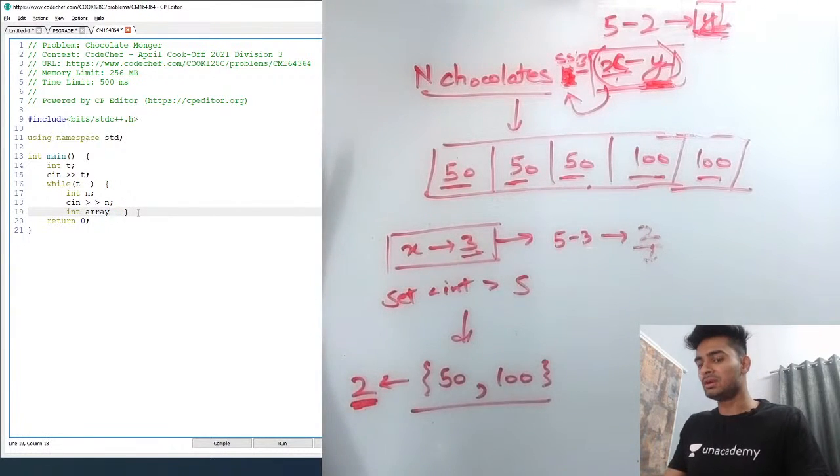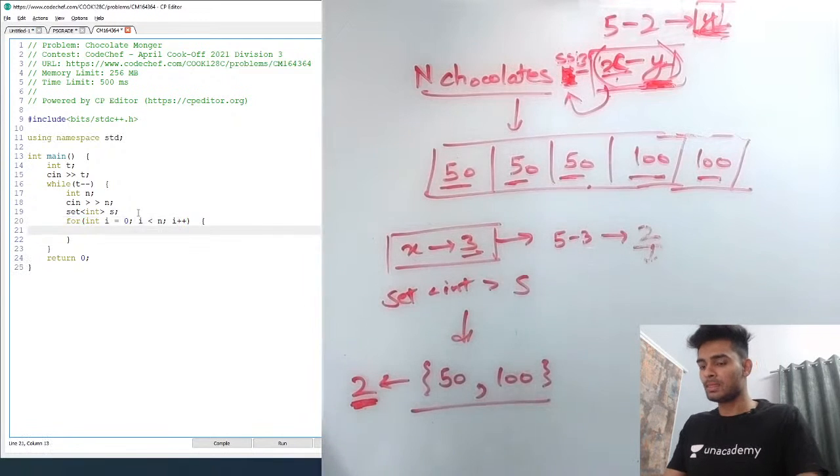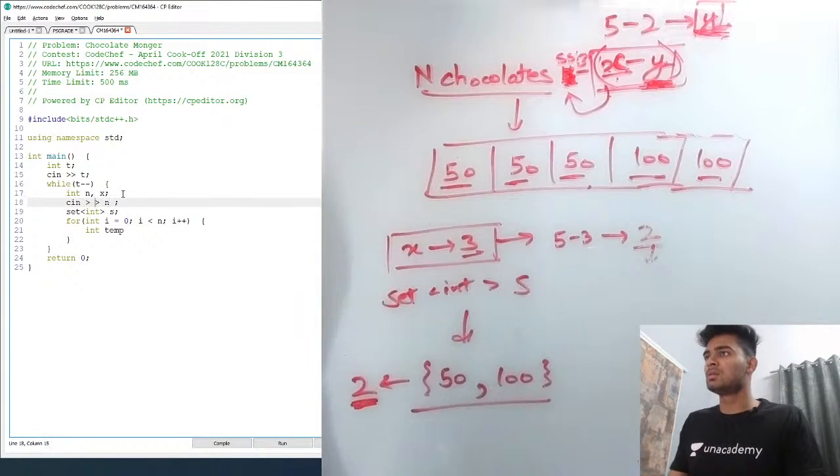But we do not even need an array for this. We'll simply have a set. So we have set int s, and then we'll traverse for i equals to 0. Now we have n and x actually. So this is n, and this is x. Okay, cool.